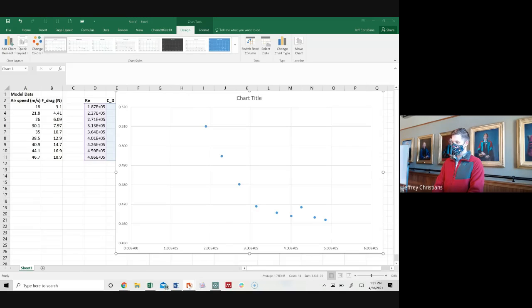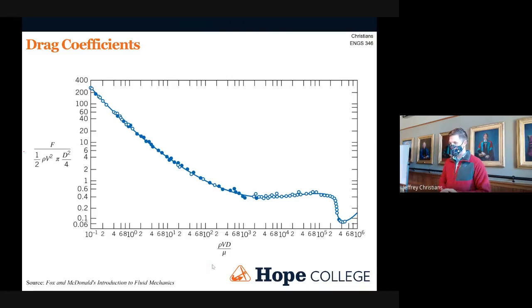So occasionally with experience, again, let's look at what happened with a sphere. This is the drag force on a sphere. We see somewhat similar things happen. We see this region of lower Reynolds number where the drag coefficient is changing a lot as we change speed.